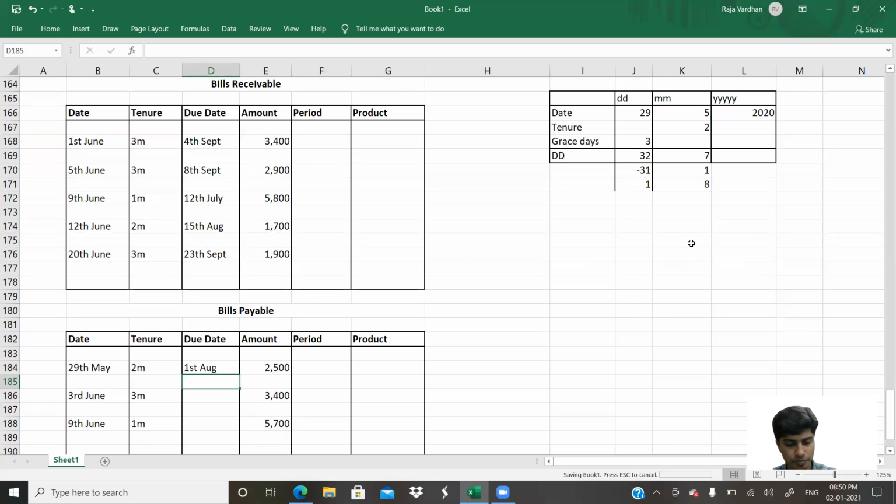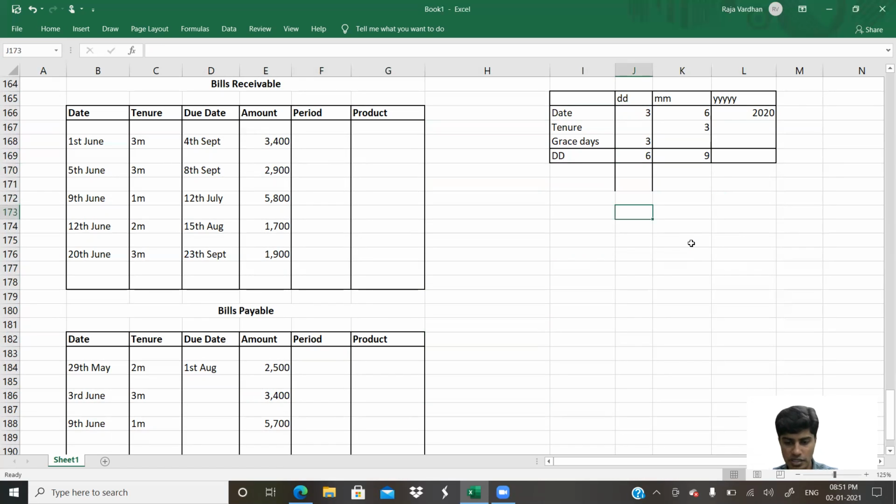1st of August. Then 3rd of June is what we have, plus 3 months. So I'll write 3rd of June, 3 months. 3 plus 6 becomes 9. 3 plus 3 becomes 6. So all this is not required.